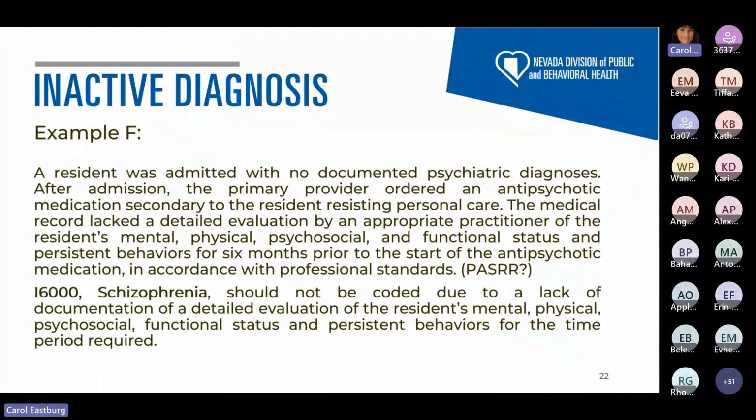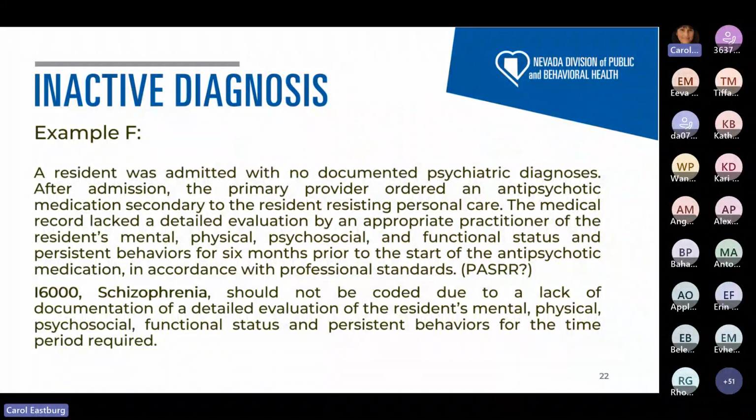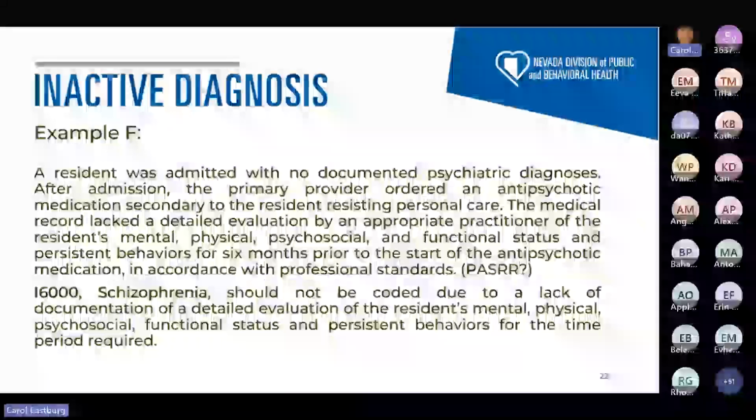Our last example in this section describes a resident who had no documented evidence of a psychiatric diagnosis upon admission to long-term care. The primary care provider prescribed an antipsychotic medication and documented on the order it was for schizophrenia.